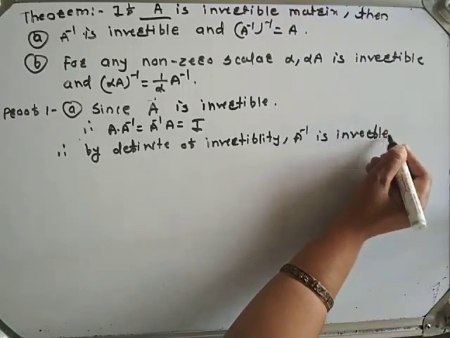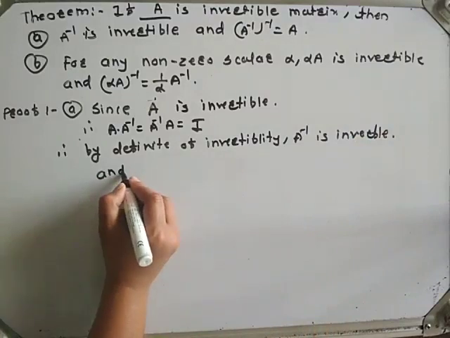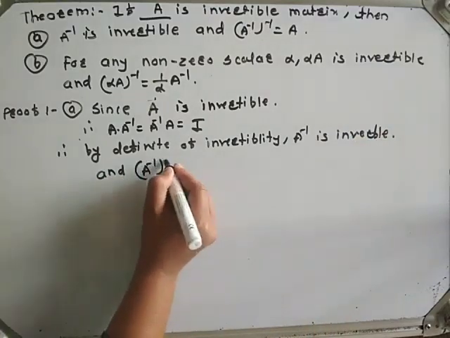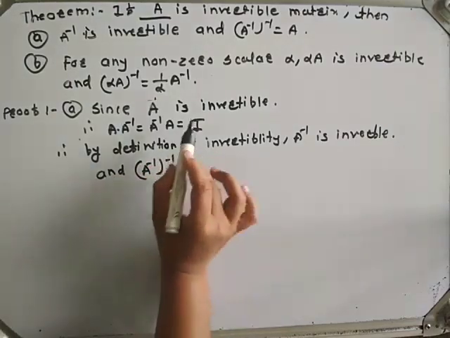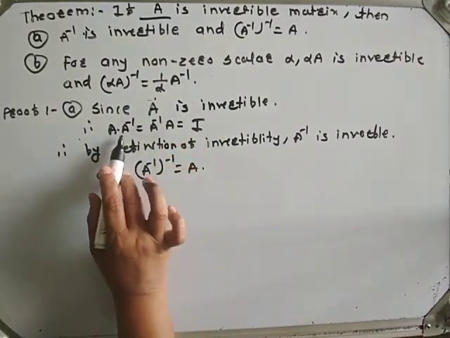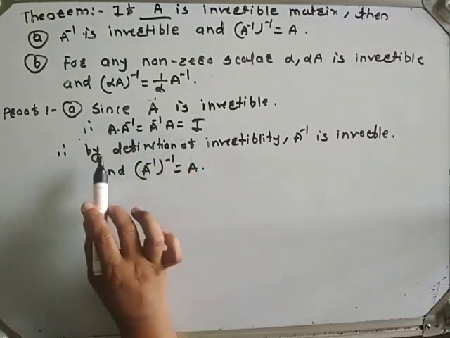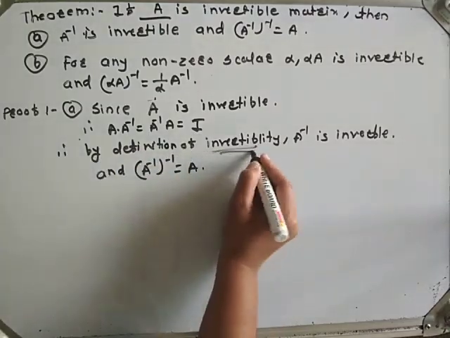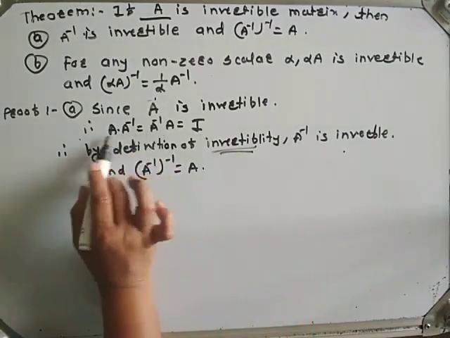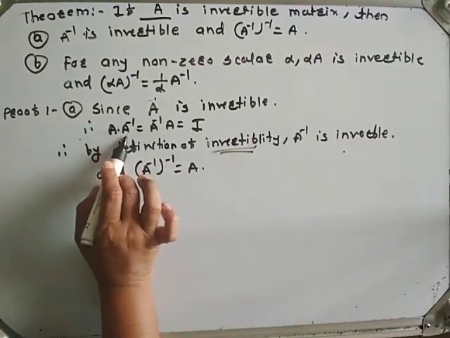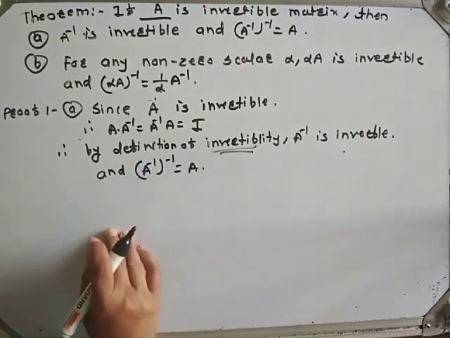And from this definition, we get inverse of A inverse is equal to A. Therefore, proof of part A is complete.